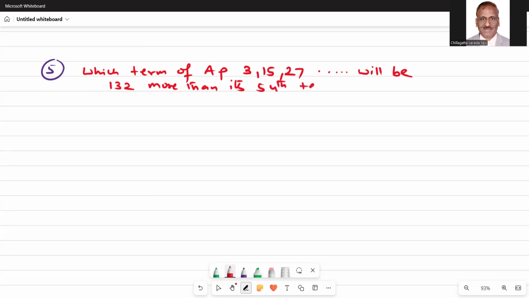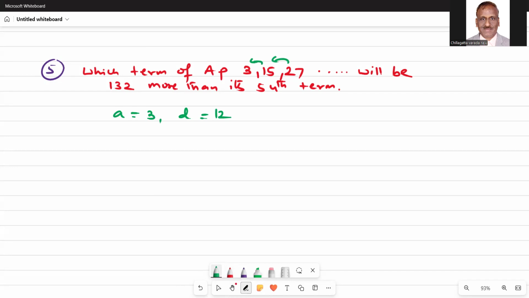So here also let me list out what is given to us. A is equal to 3. Common difference D is equal to 15 minus 3, which is 12, and 27 minus 15 is also 12. This 132 is not the last term here.